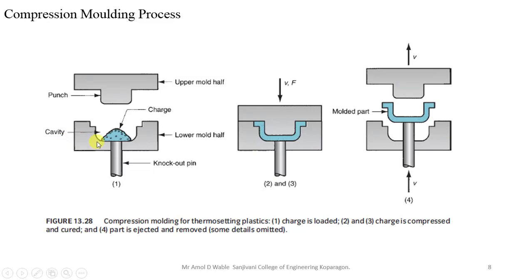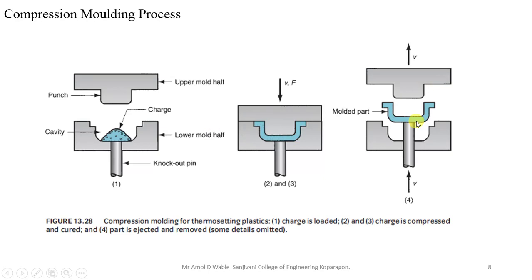The upper mold half of the die compresses the material, which melts and fills the die cavity. This combined effect of pressure and temperature causes the plastic to flow into the mold cavity.